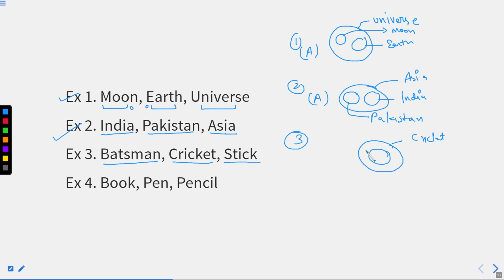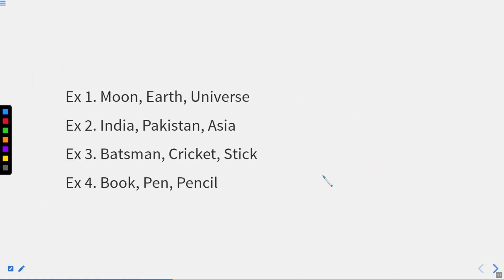So if I represent this circle as batsman, what is a stick? Stick is used in golf, so I'll take it out. And this is our option number C. I think we can check from the back side. Yes, this is our option number D that we have just drawn. So I think all questions are clear now.